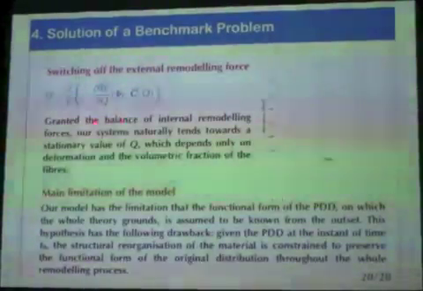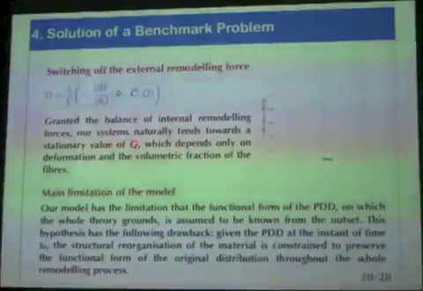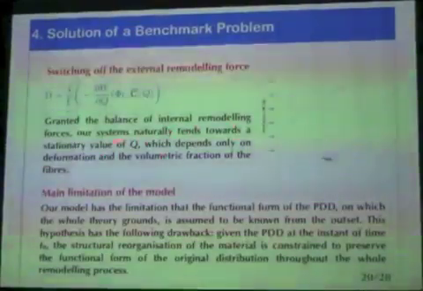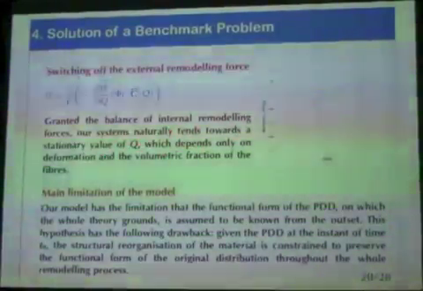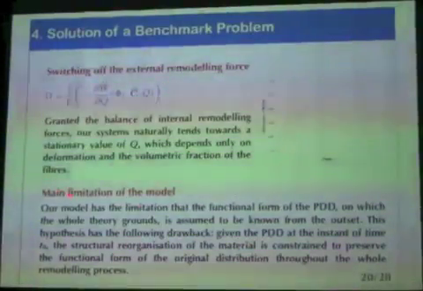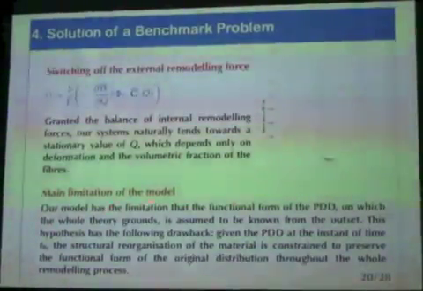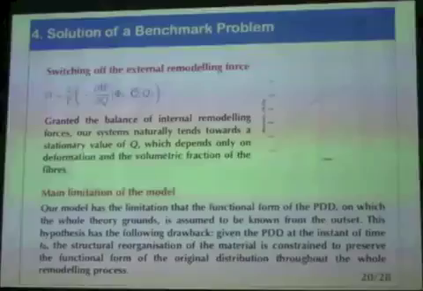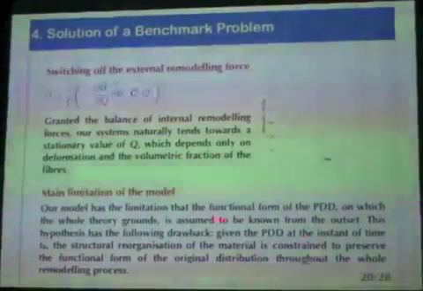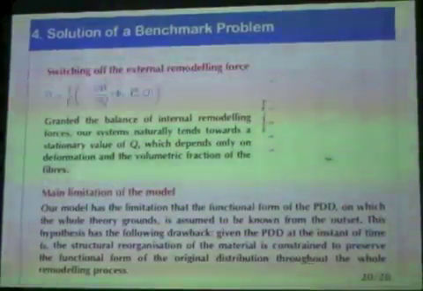So, just a remark. Switching off the external remodeling force means that, granted the balance of internal remodeling forces, our system naturally tends towards a stationary value of Q, which depends only on deformation and the volumetric fraction of the fibers. Of course, this model has a main drawback, and the main drawback is that the functional form of the probability density distribution on which the whole theory grounds is assumed to be known from the outset.